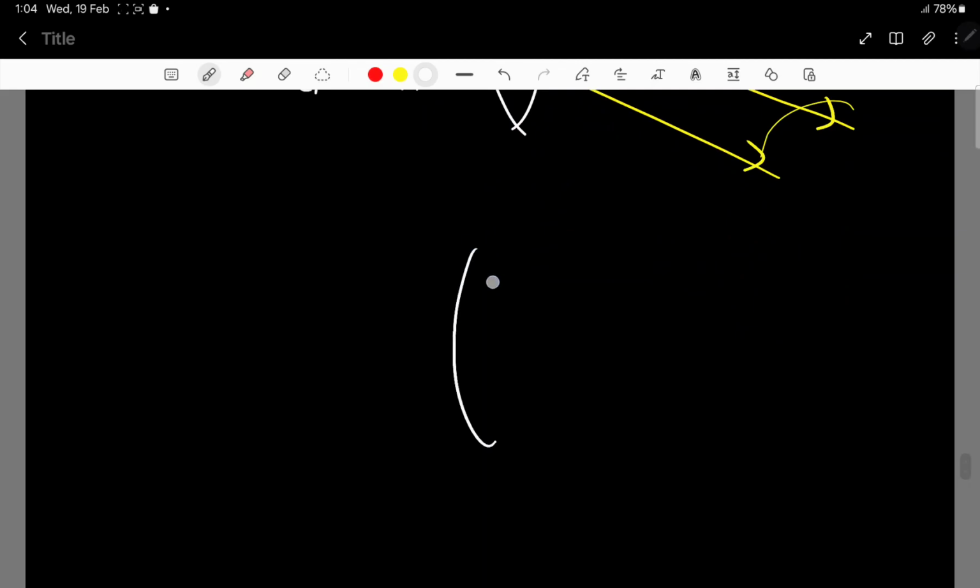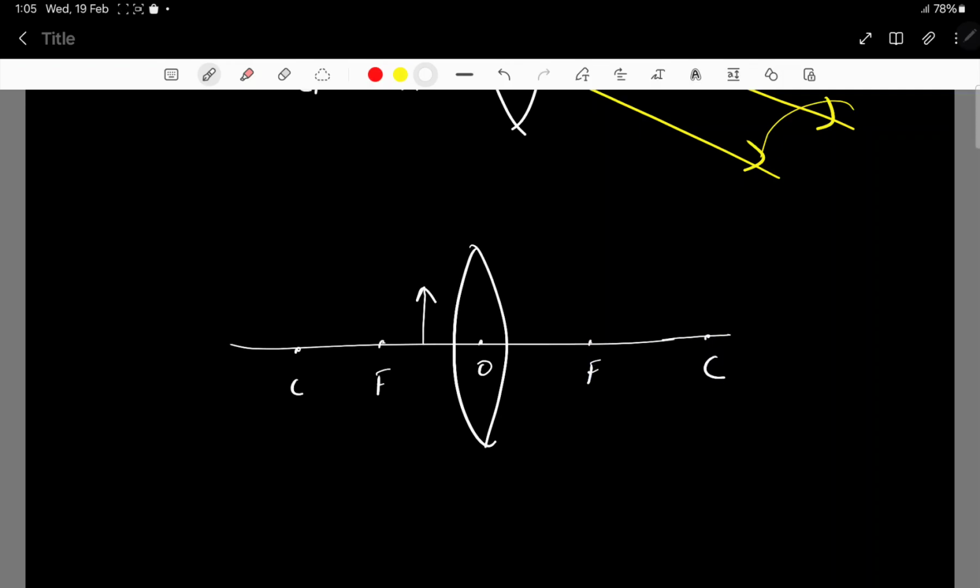For a convex lens, if the object is placed between the F and O, then the case is different. From the top tip you can imagine two light rays. One light ray, after getting refracted, will pass through the focal point, and another light ray, directed toward the optical center, goes undeviated.